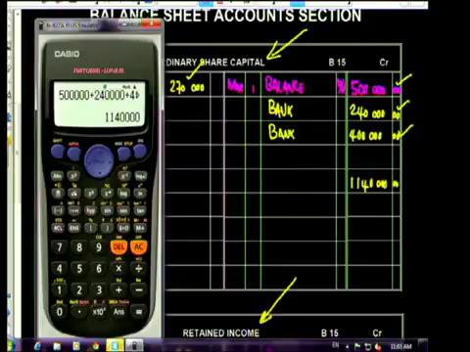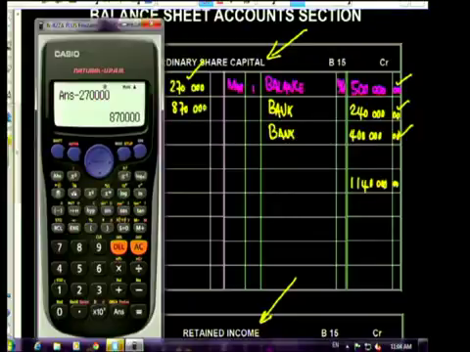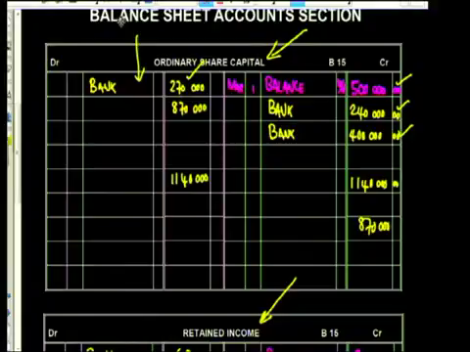Remember, minus what we bought back, 270,000, and the new balance in this account is a value of 870,000 Rand. Okay, so that's it. We have now balanced the share capital account and that is what it looks like.